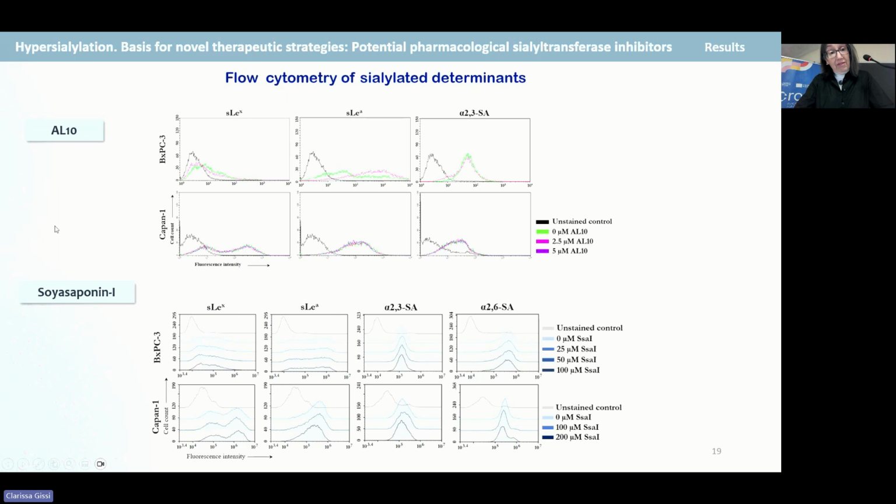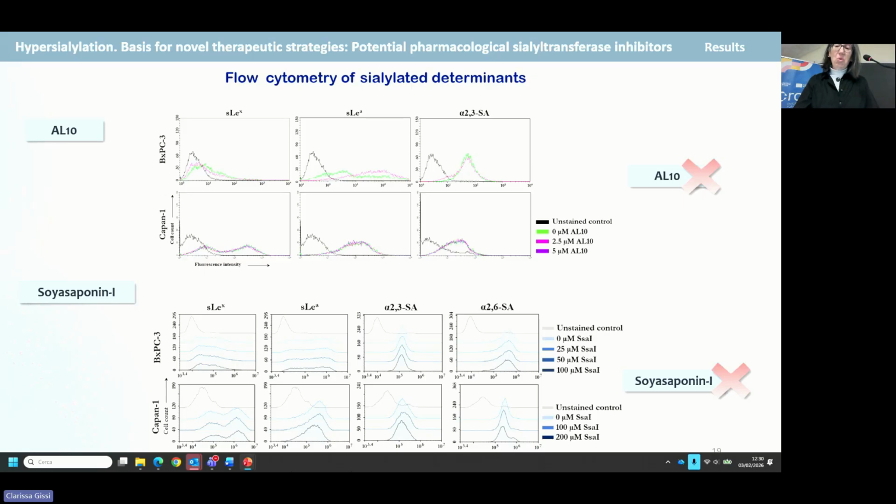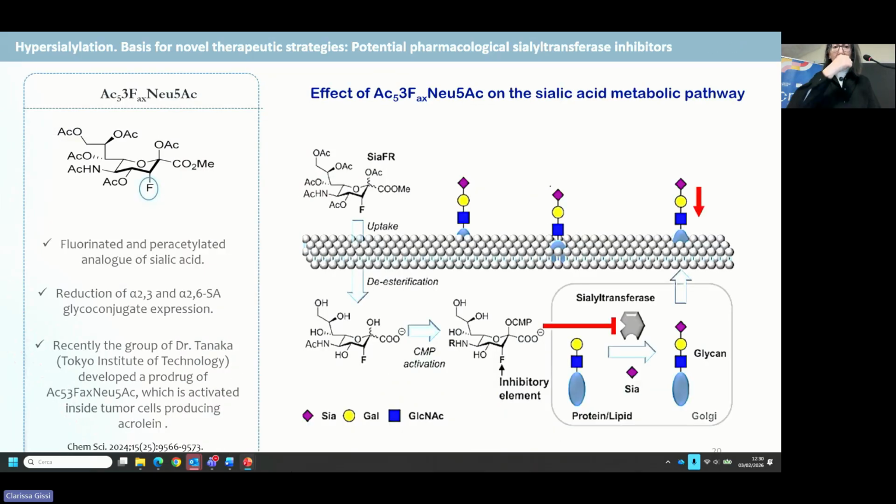Our results with the first two were not good, let's say, at least they didn't show a significant decrease in any of the sialylated determinants, so we couldn't use them, probably because they were not permeable enough to enter into the cells. Okay, and then what we did was to use this one.